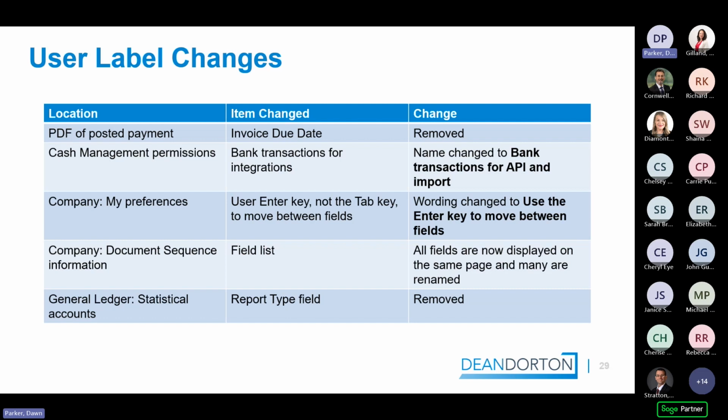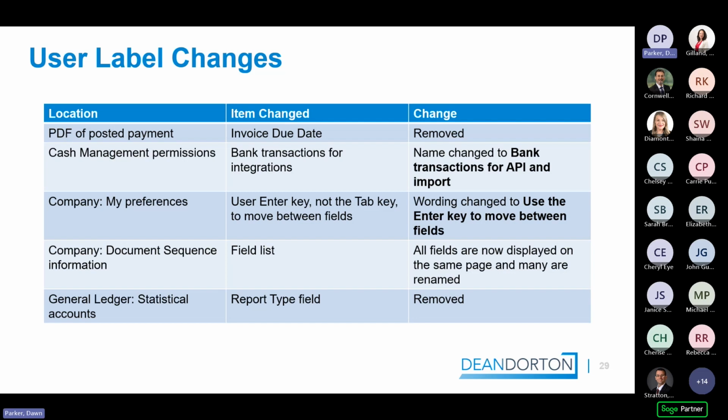That name has been changed to bank transactions for API and import to better reflect what that functionality does. Under company and my preferences, in the past, it said use enter key, not the tab key, to move between fields. That wording has been changed to use the enter key to move between fields.